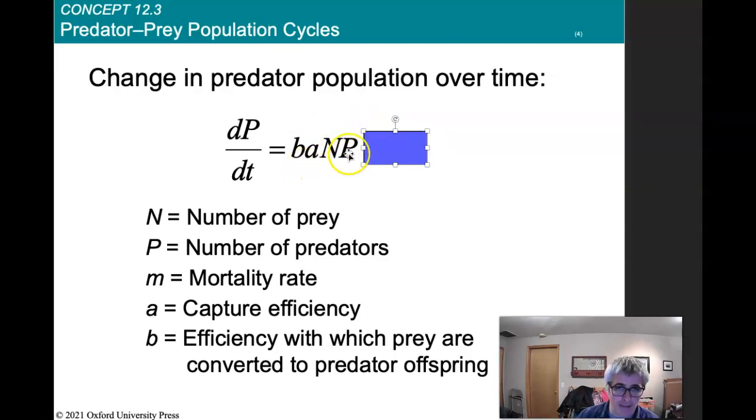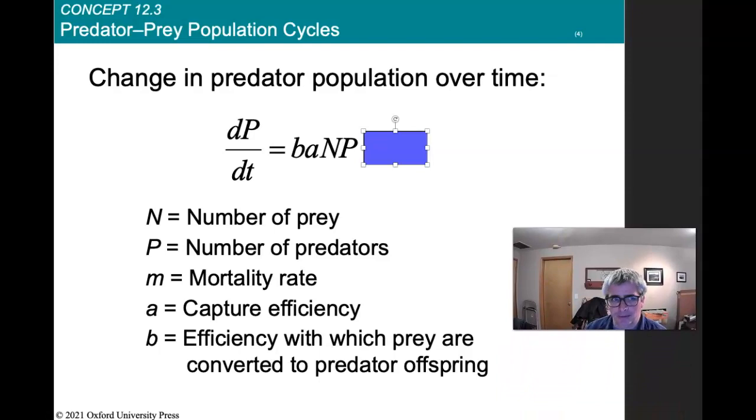That all makes sense. And then B is a really funny term, and it makes sense, but to me it's a funny term. Efficiency at which prey are converted to predator offspring. Of course, B, what else would be B? You can think of it as kind of like a growth term for the predators.